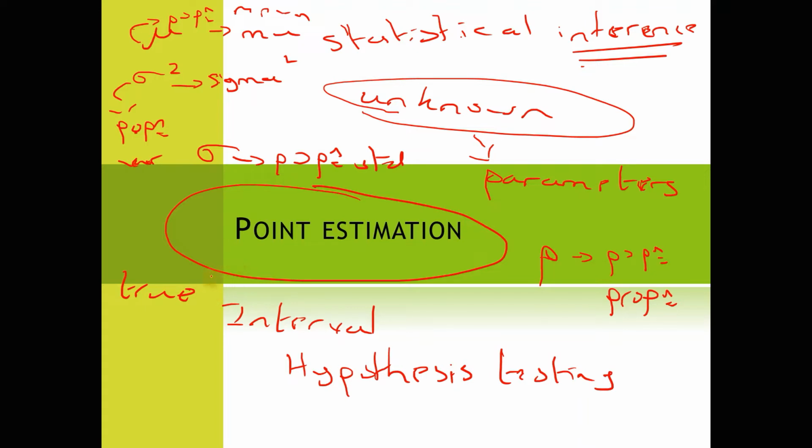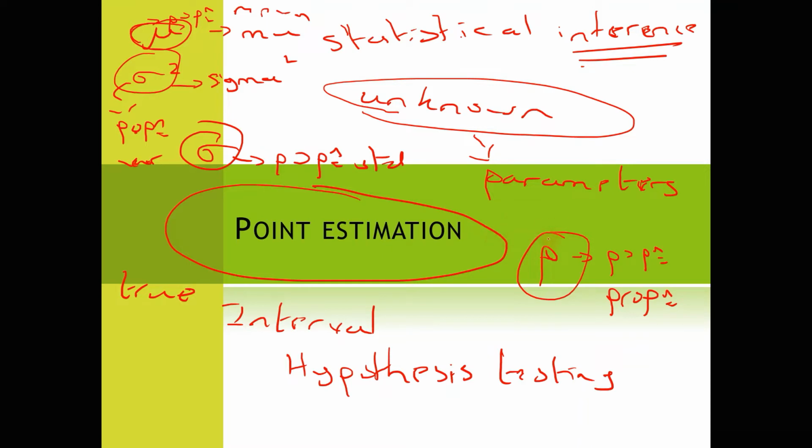All right. So we do have the true value, but very often, because of different reasons, we don't make a census to get all the data. So we want to take a sample from the data, and this is where we come to the concept of estimation or inference, because we don't have the exact value for the mean, variance, standard deviation, or proportion. So what do we want then?